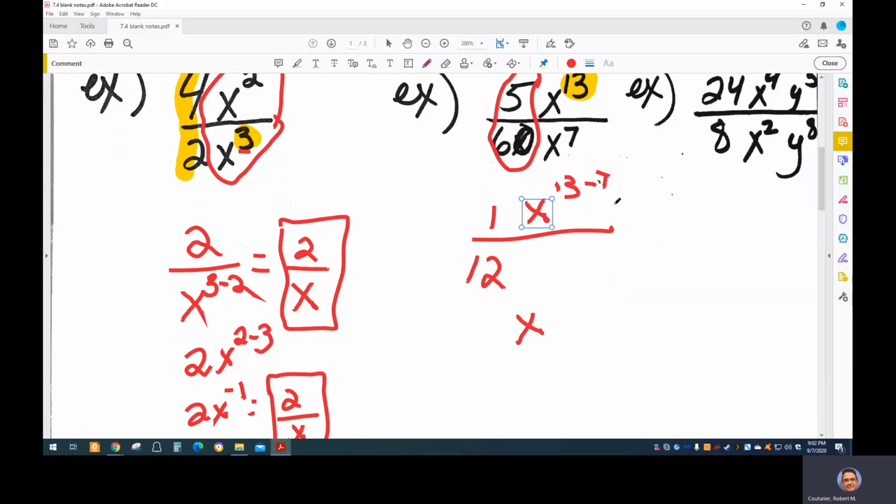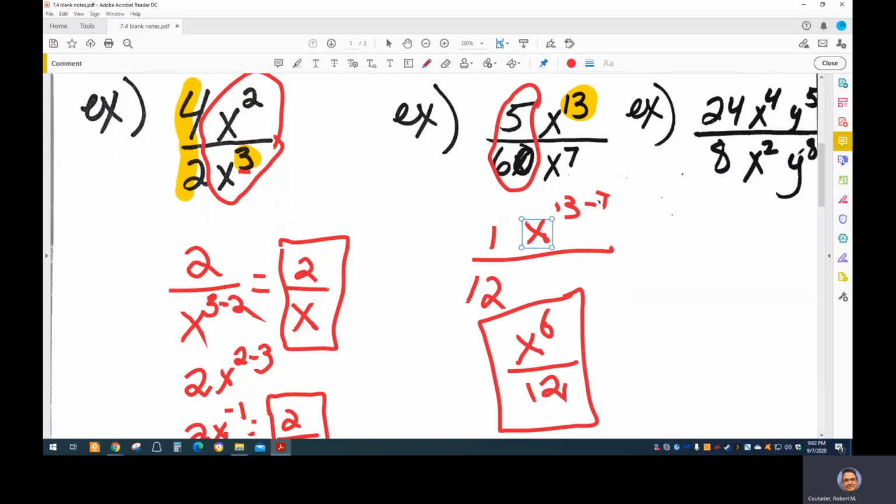And 13 minus 7, well, that's 6. 13 minus 7 is 6. Over 12. 12 just comes down. And you are absolutely done. That's about as easy as it gets, guys, when we have just numbers and a single variable.